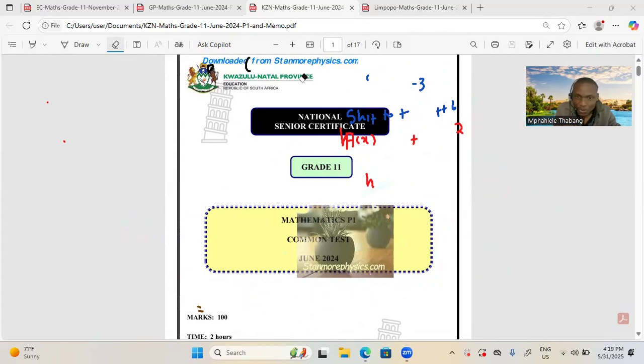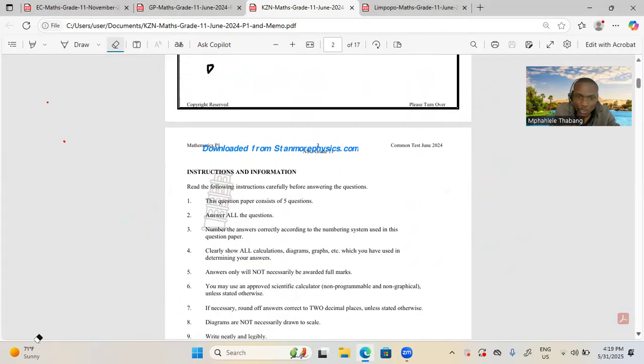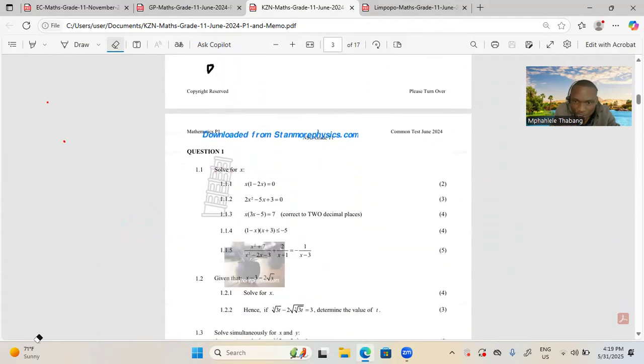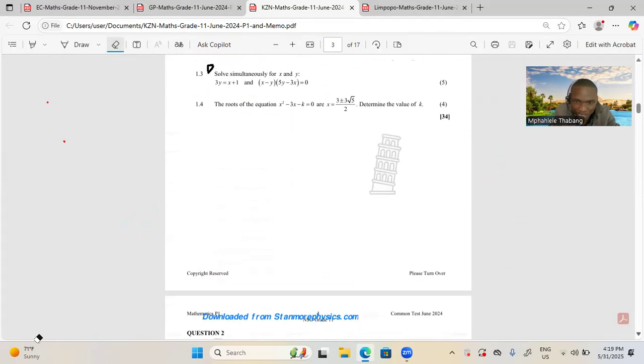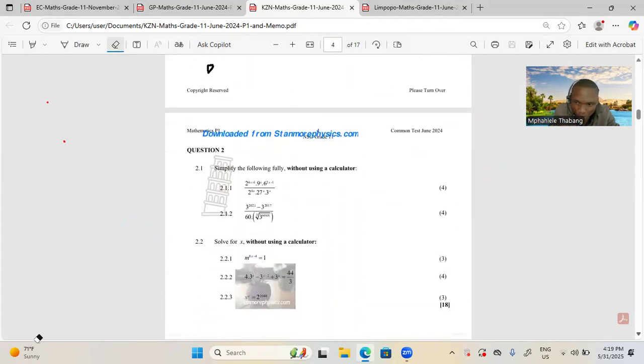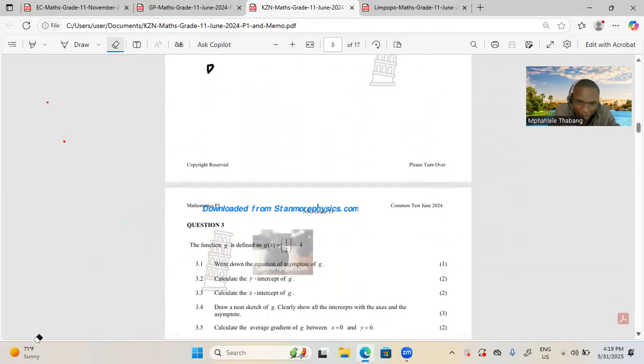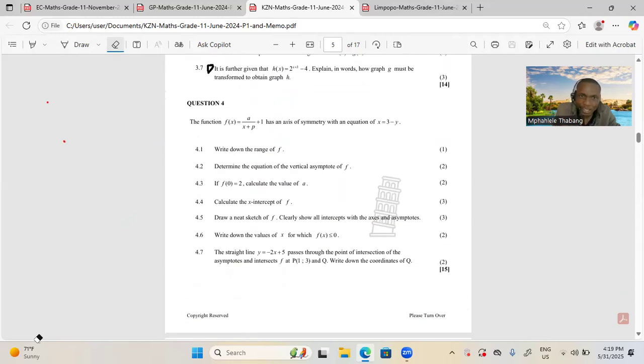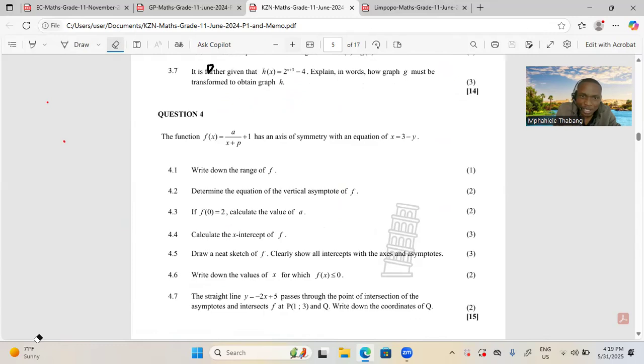We are focusing on the hyperbola function, looking at a different question paper. So now we are going to KZN June 2024. We are looking at the hyperbola function. This is so interesting.